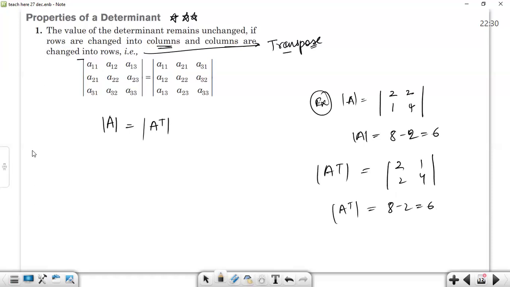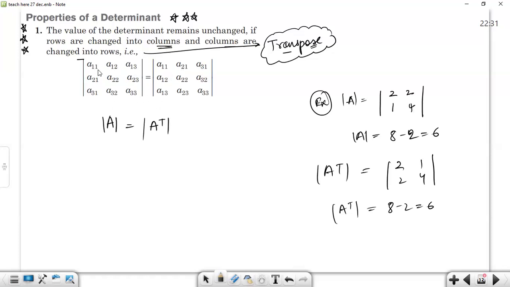Any doubts, anyone? No doubts? Should I repeat? Transpose of any matrix is when we interchange the rows into columns and columns into rows.